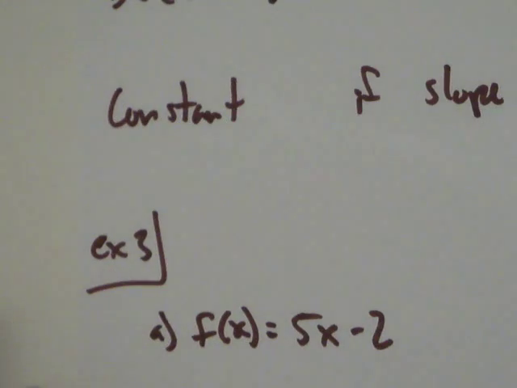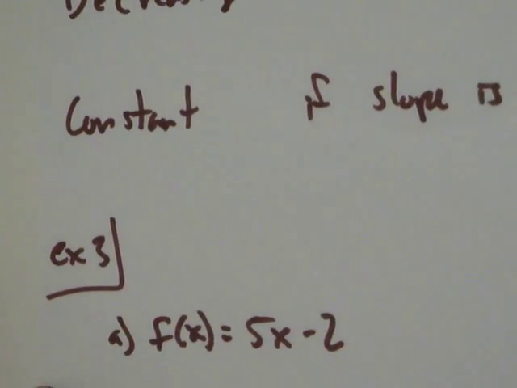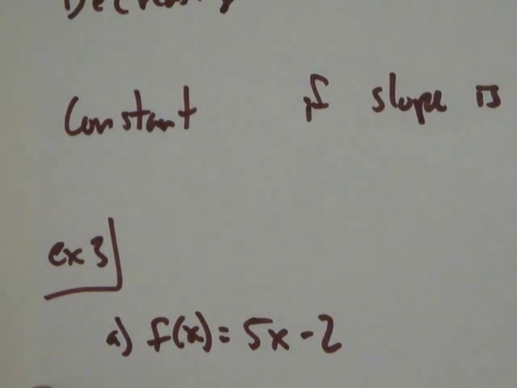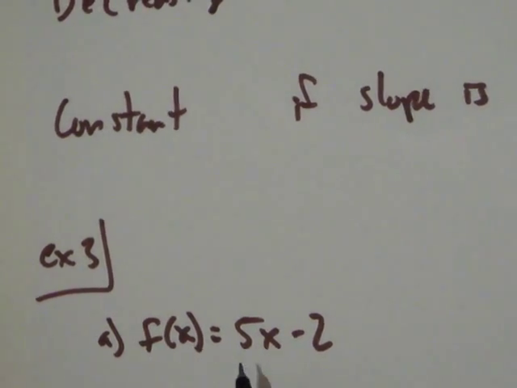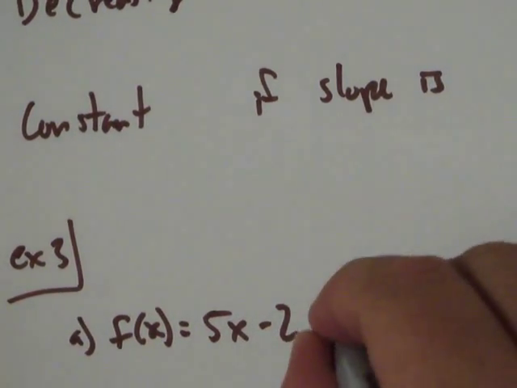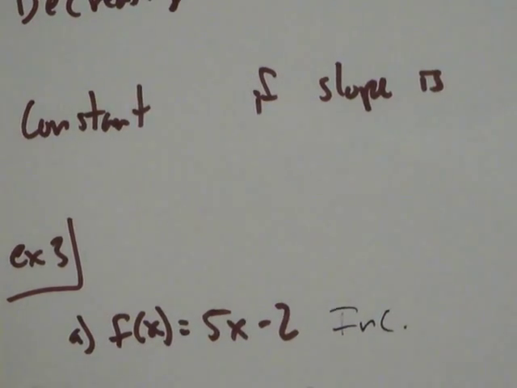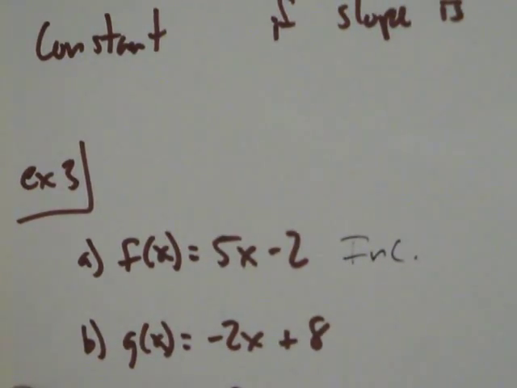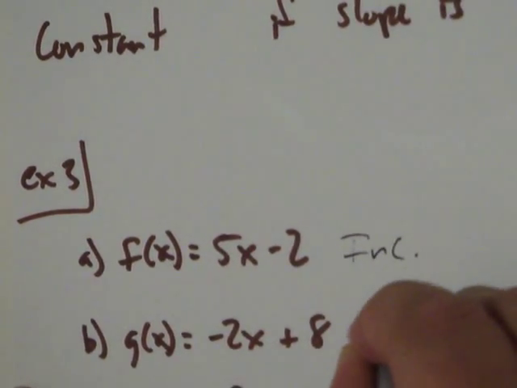Here's what I mean. Example number 3 in the book shows a couple of things. For a, f of x is 5x minus 2. Remember, the slope is the number with the x, and it's a 5. It's positive, so this one is increasing. This one, g of x is negative 2x plus 8. The slope is negative, so this will be decreasing.